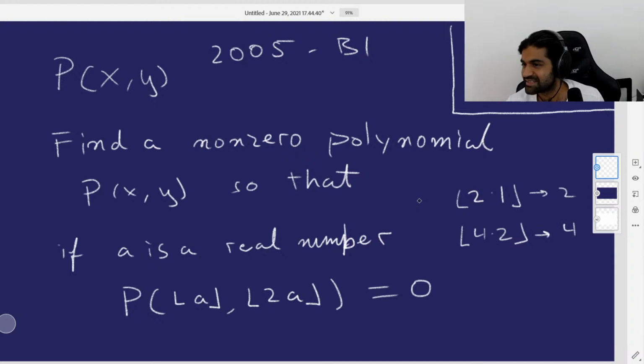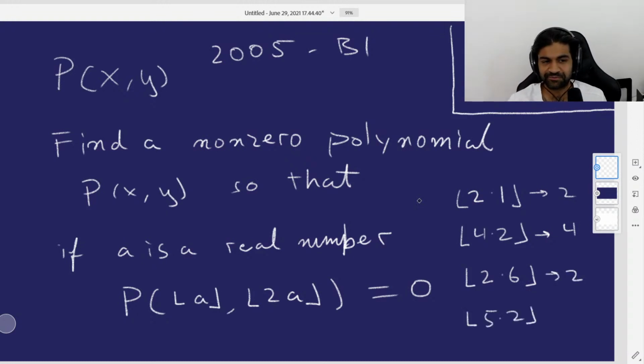So in this case, the floor of the double is the double of the floor. Let's see what happens if you do 2.6. The floor of 2.6 is 2, and then the floor of 5.2 is 5. So 1 over. And these are basically the only two cases.